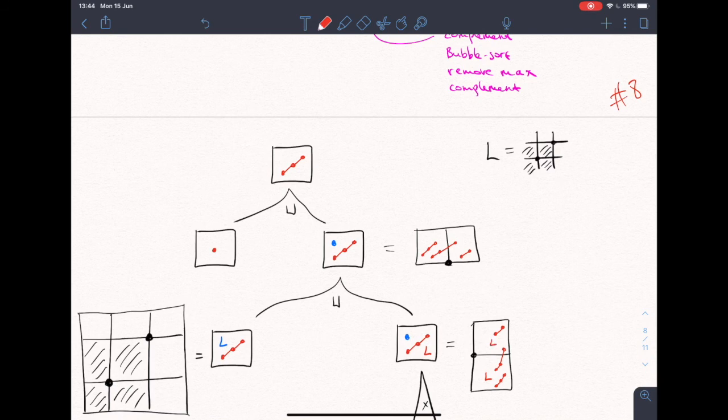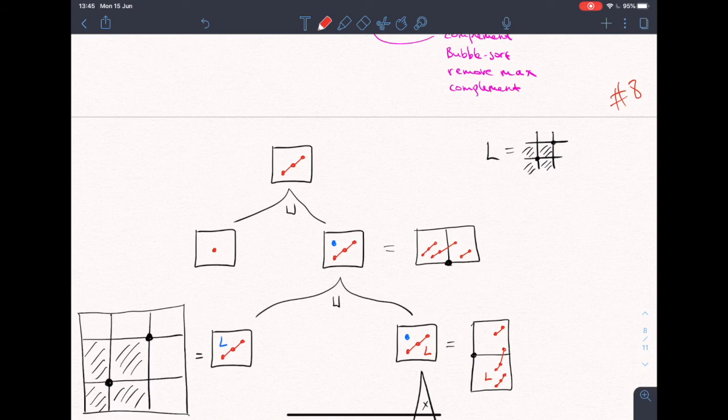Might have to avoid it here, but actually no, because of this shading here, L could not exist in the upper box over here, because shading means empty, and there's always a point that lands in the region that's supposed to be empty. So we can actually forget about avoiding L up there.